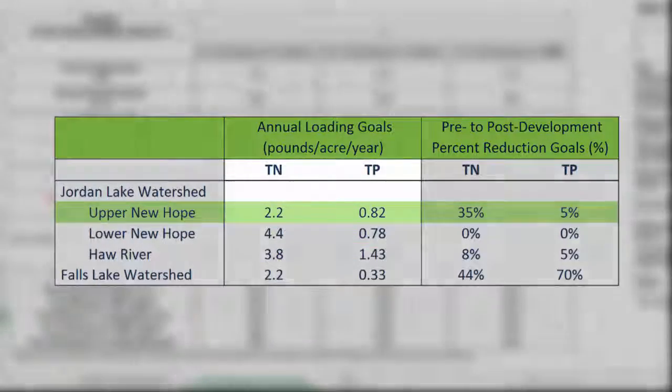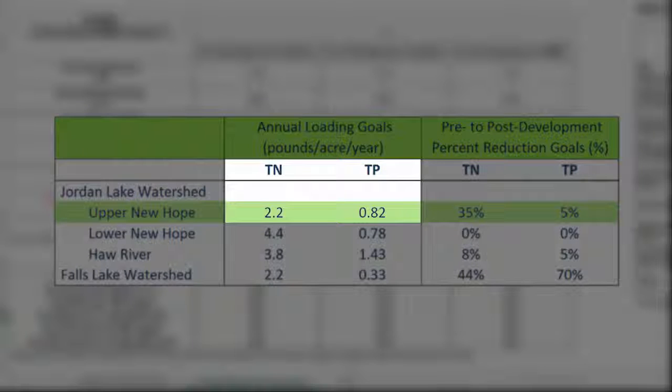Or the post-development annual loading condition must be at or below 2.2 pounds per acre per year for total nitrogen and 0.82 pounds per acre per year for total phosphorus.